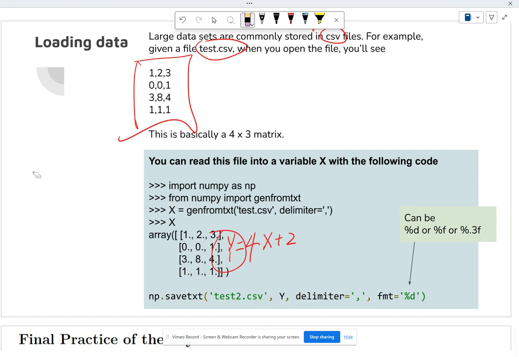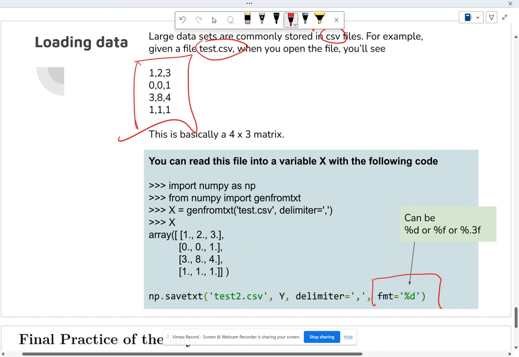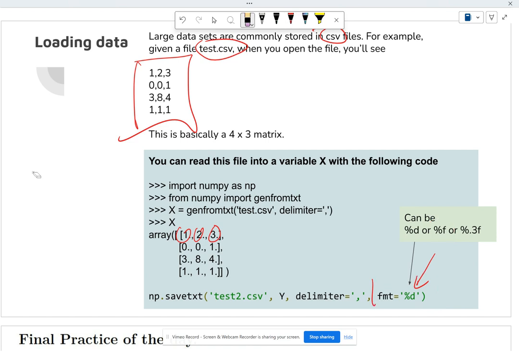And the last part here tells you the format. Now, if you write %d, that means they're just integers. But sometimes you don't want just integers. Sometimes you want to have floats. So %f for float, and you can control the number of digits. %.3f means after the dot, for example 0.111.